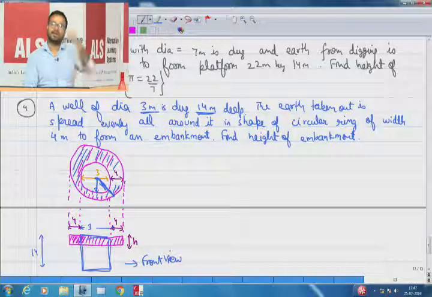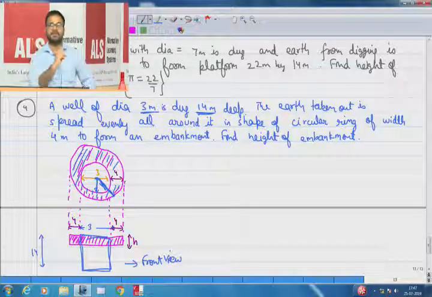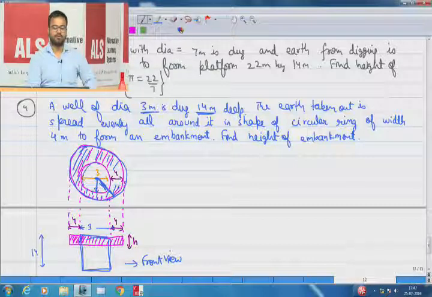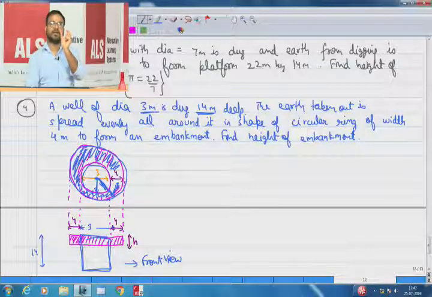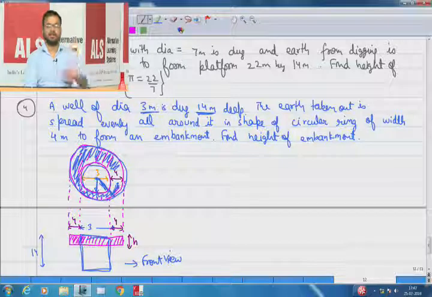And from that well we have taken out some sand and we have spread that sand in a circular ring all around it. Like you can see on the top diagram, this is the circular sand spread all around it, which is in the shaded region. The width of that circular ring is 4. So what we have to do is figure out the height of that circular ring which is spread all around the well.